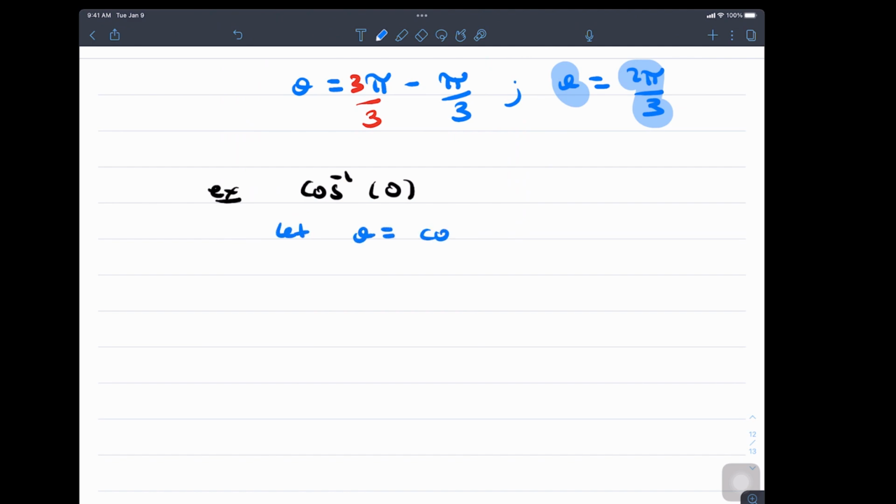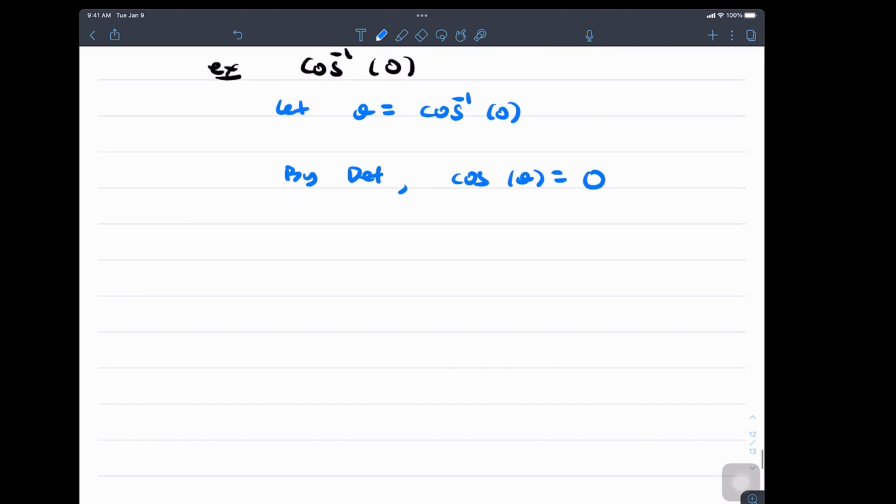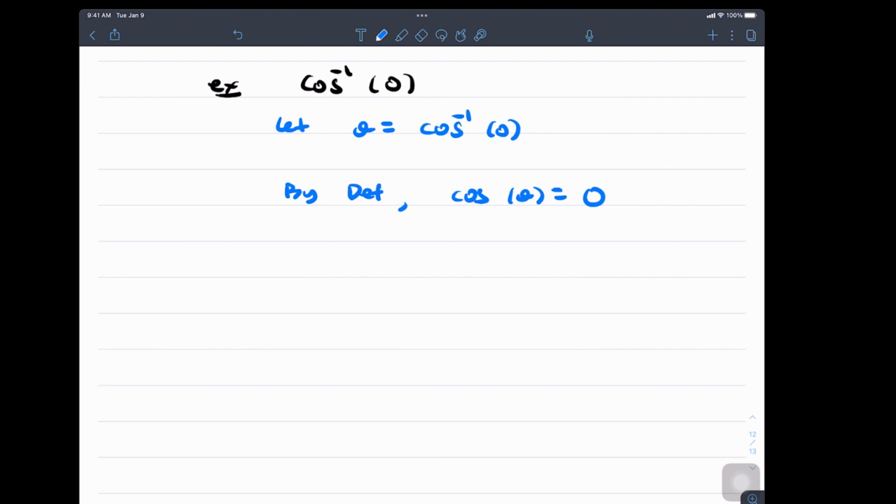Remember, you do the same process. And then again, this is by definition. You say by definition, what is this? This is cosine of theta being what? 0. Okay? Now, this one doesn't take a lot of thought. It shouldn't. Why?